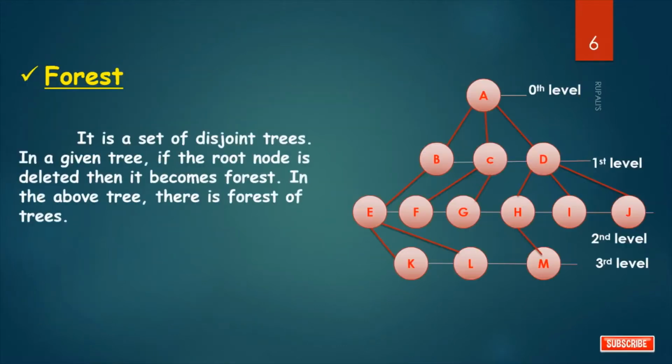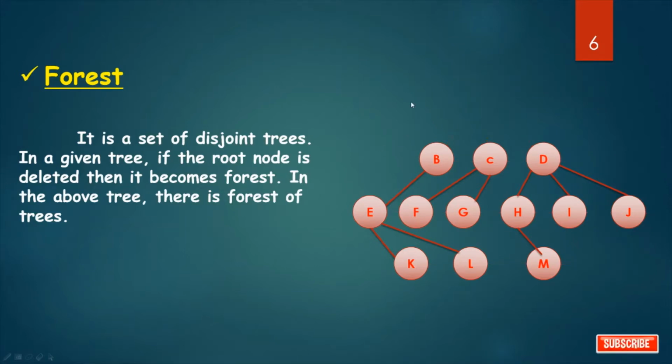Forest. It is a set of disjoint trees. Disjoint trees means what? Two trees are called disjoint trees if they have no elements in common. So, in a given tree, if the root node is deleted, then it becomes a forest.